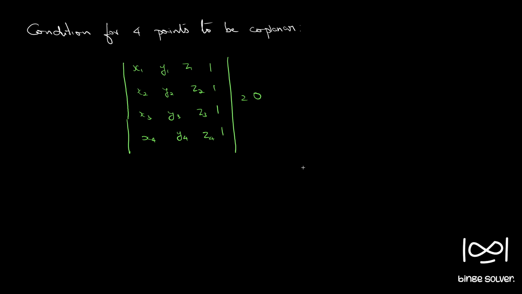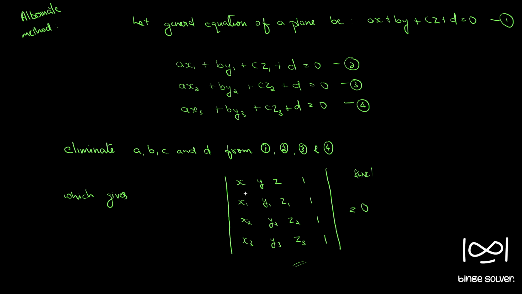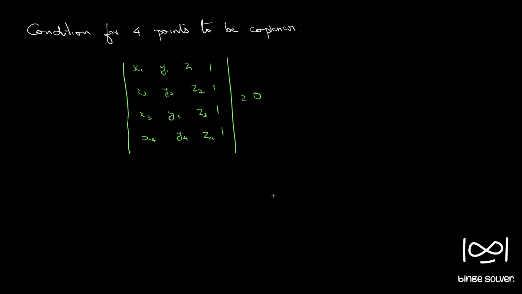For 4 points to be coplanar, the fourth point should satisfy this equation. So we plug the fourth point into this equation, and we get the condition: the determinant of x1 y1 z1 1, x2 y2 z2 1, x3 y3 z3 1, x4 y4 z4 1 has to be 0 for the 4 points to be coplanar.